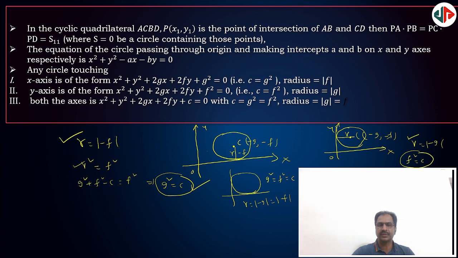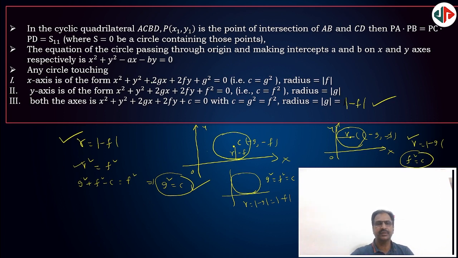So if a circle touches both the axes, g square is equal to f square is equal to c, and radius is equal to mod of minus g, and that is also equal to mod of minus f. So these are the conditions for a circle to touch x-axis, y-axis, and both the axes.